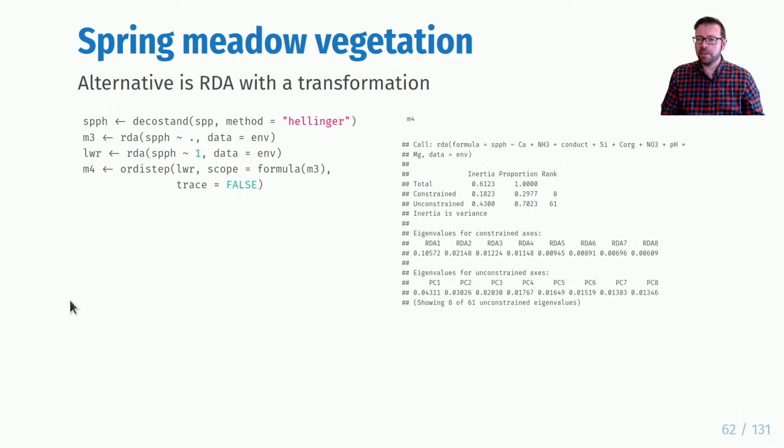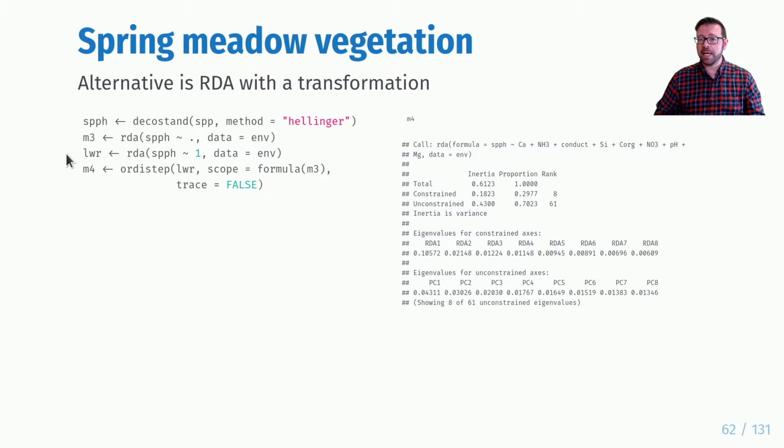And then an alternative that we can do is, because that arch, if we were worried about the arch showing up just because it can be an artifact in correspondence analysis, but also just to show you that we don't have to use CCA, we can use RDA for species data. If we transform our data first here by applying a Hellinger transformation, then what RDA is actually doing is preserving the Hellinger distance between samples, or the chord distance between samples, in terms of their species composition, and that tends to work relatively well with species rich data.